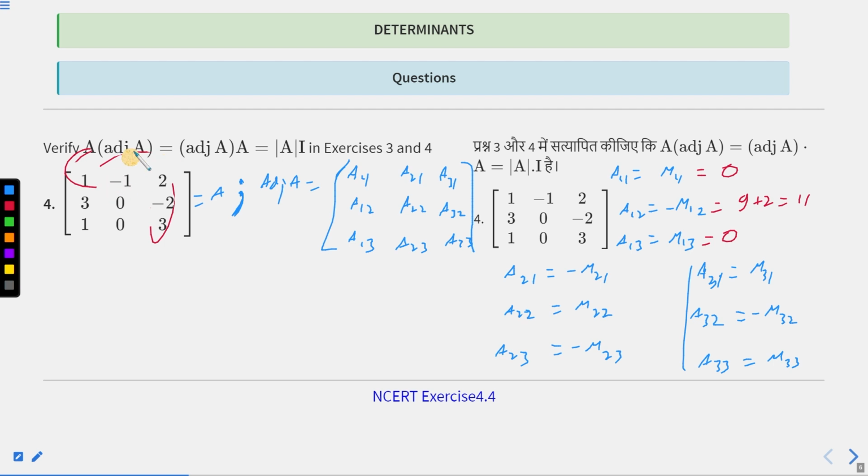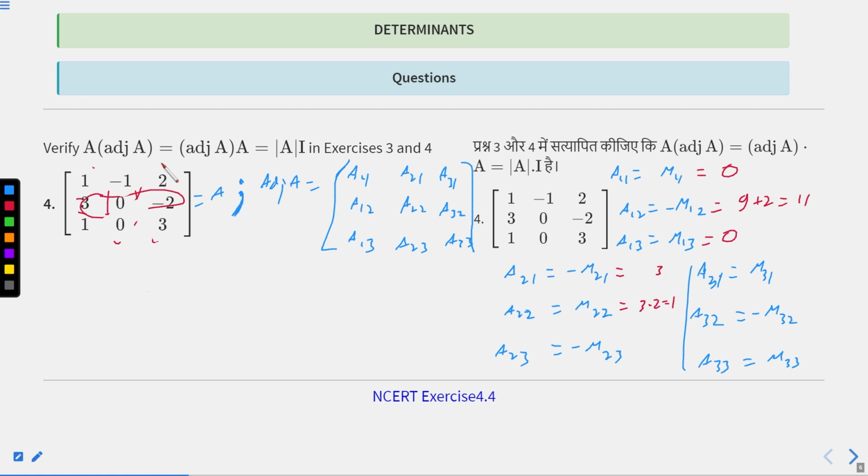Okay, so far so good. This and this, you will get -3. So minus, we already have -3 means plus 3. Now M22, so 3 minus 2 will give you 1.